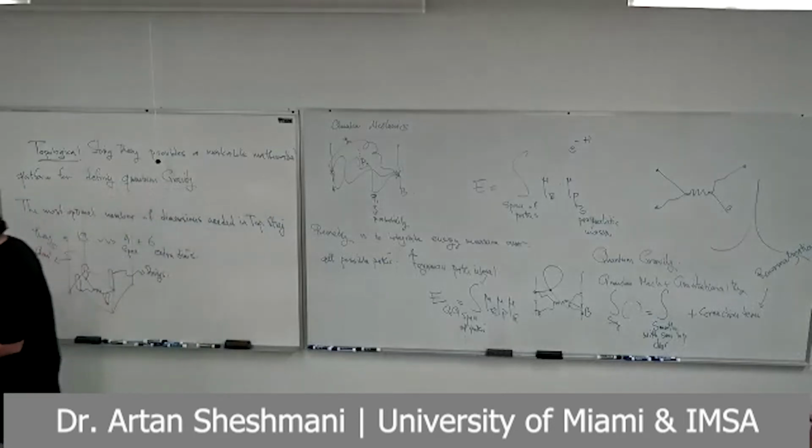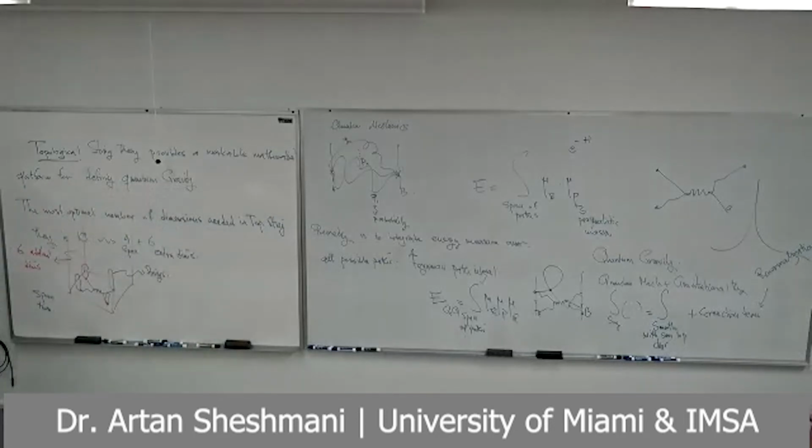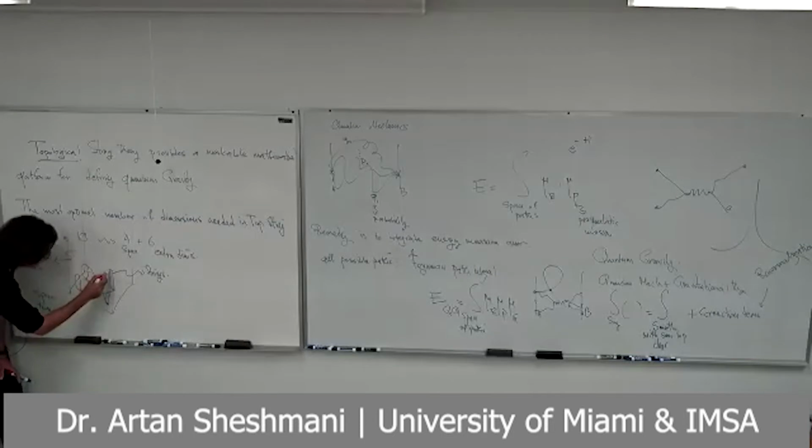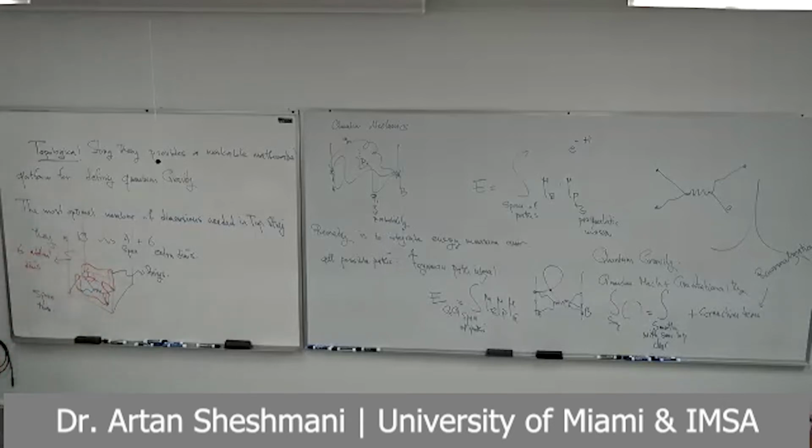Okay, so if we want to extend the whole thing into 10 dimensions, our paths need to have an extension. Now you have this closed curve, and they're coming together, and they give you their path. Okay, so they give you these tubular paths.